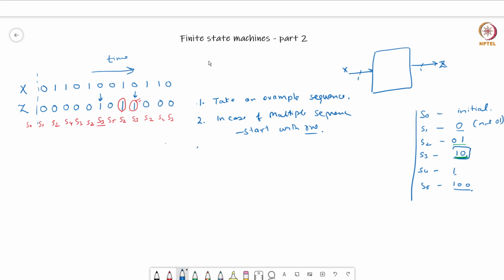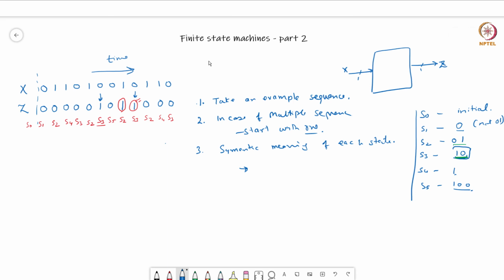The third thing is it's good to create such kind of a table. This table is very helpful. If you use this table, try to have some semantic meaning of each state. There is also one corollary here: first of all you have to try to find out the semantic meaning.